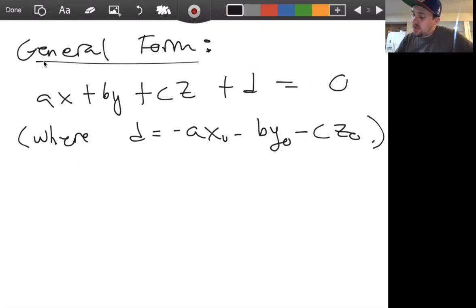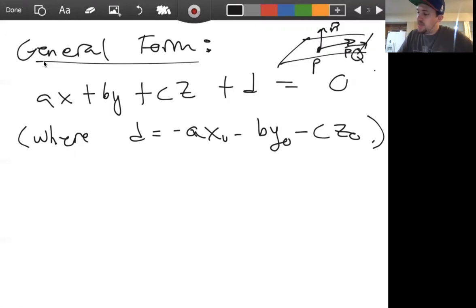And remember, the constants a, b, and c were components of the normal vector, and the constants x naught, y naught, z naught were the initial point of the vector PQ that belongs to the plane. So we had the normal vector, and then we had our vector PQ with base point P.